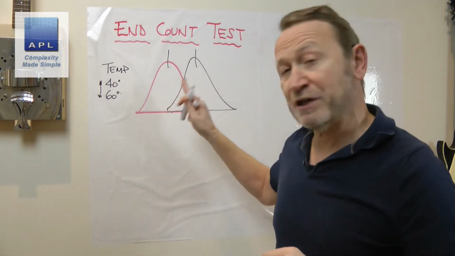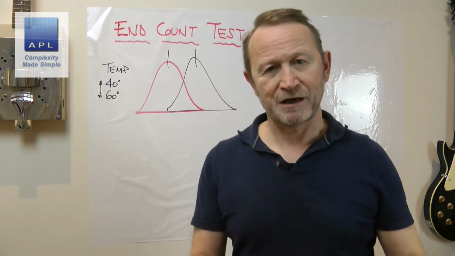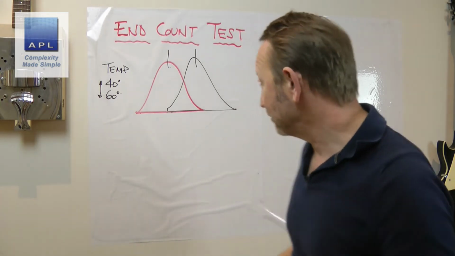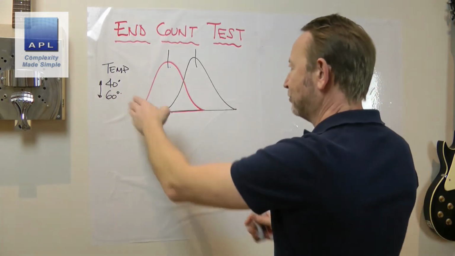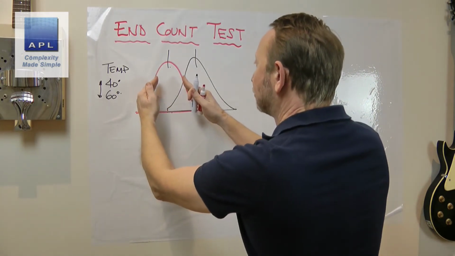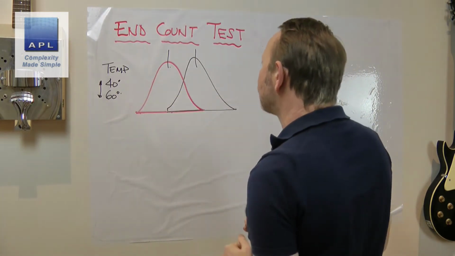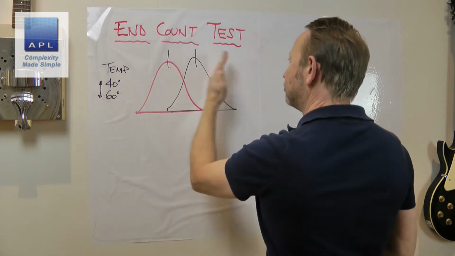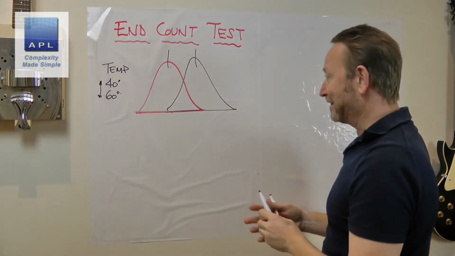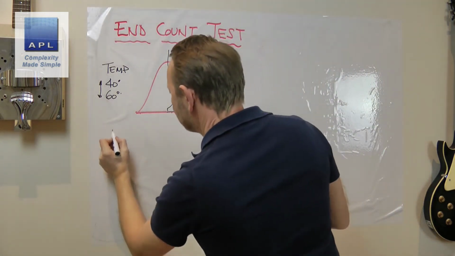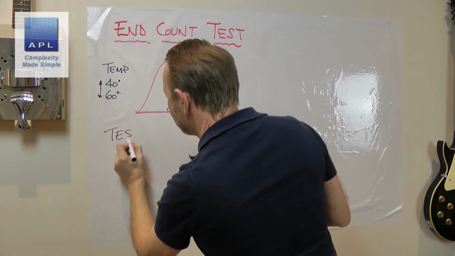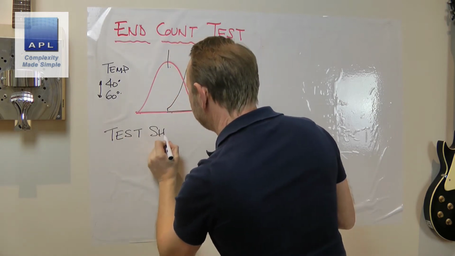So this could be a dimension or a strength or whatever it happens to be. And so you're doing a test. You do some trials at 40, you do some trials at 60, and then usually you do a T-test.